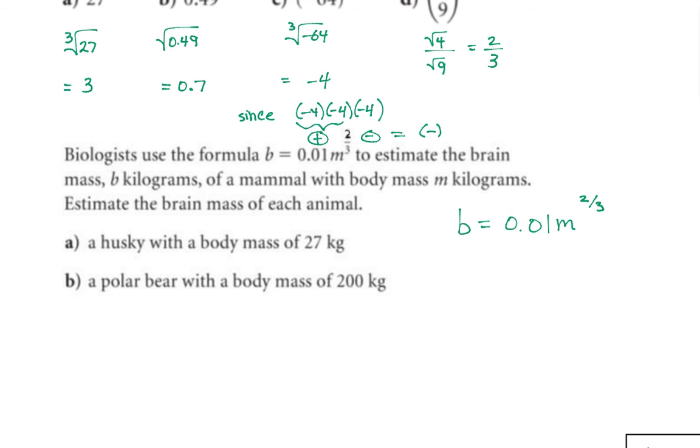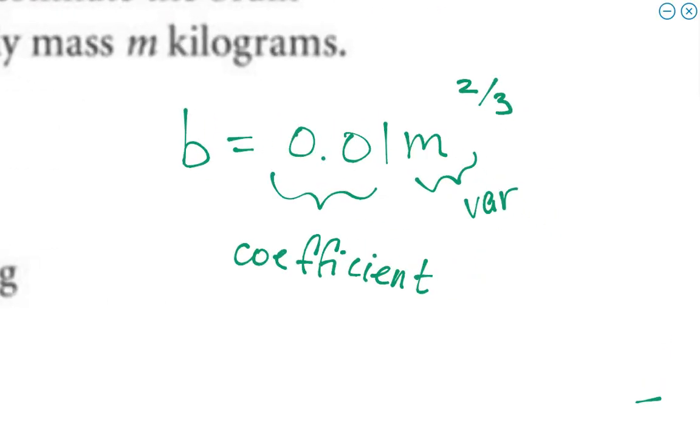So first of all, it's important that you understand that 0.01, that's a coefficient. The variable m is being raised to a power 2/3. So think about your input-output machine. The m is the input.